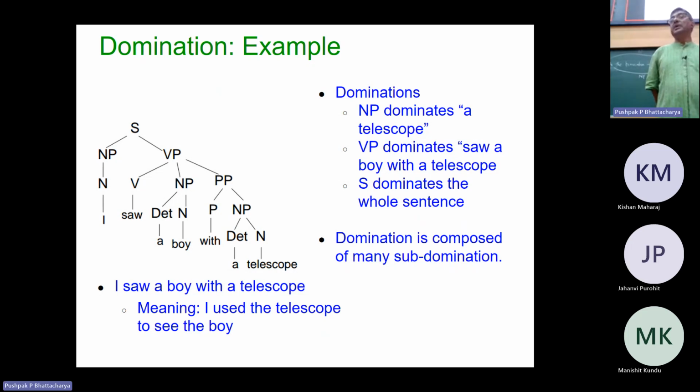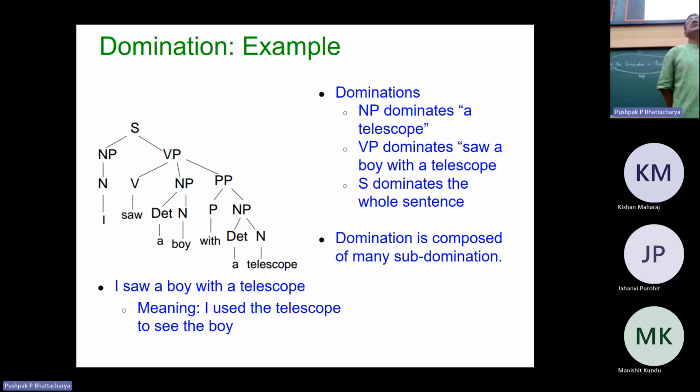So we could have a noun phrase dominate a boy with a telescope, meaning thereby the boy has a telescope, or the domination could be distributed: NP dominating a boy, PP dominating with a telescope, and of course VP dominating saw a boy with a telescope.